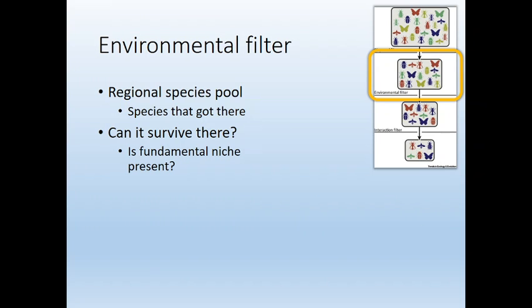So what the dispersal filter leaves us with is a regional species pool. Basically, the species that got to the specific place that we're looking at, the habitat we're looking at there. Then there's an environmental filter. Can that species actually live there? Can it survive there? Is its fundamental niche present, right?